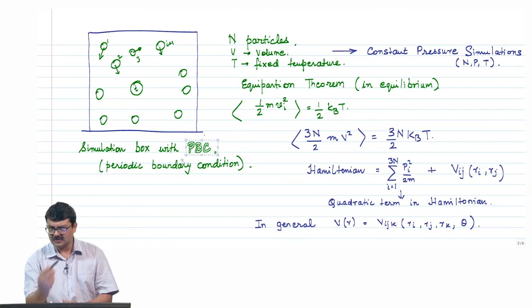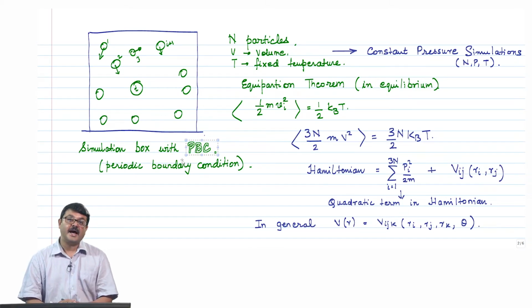Remember, you can also have a box with walls. So, you can also have a confined system, and you see how the particles are moving around due to interaction with each other, as well as when they reach the wall, they could collide with the wall and come back into the system, right.